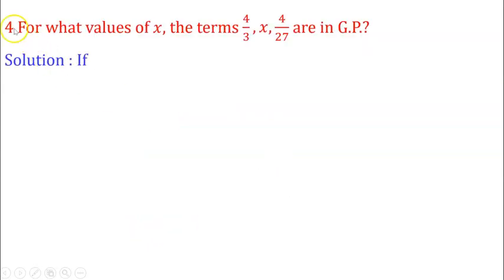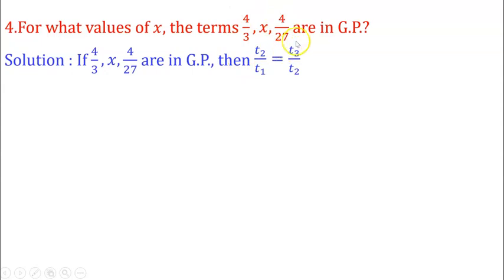Next, for what values of x are the terms 4/3, x, 4/27 in GP? Since 4/3, x, 4/27 are in GP, therefore T2 upon T1 is equal to T3 upon T2. Substitute the values: x upon 4/3 is equal to 4/27 upon x.